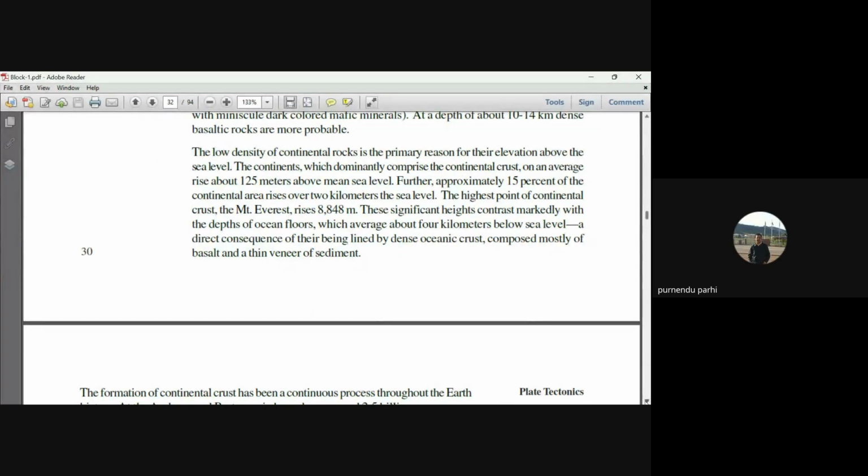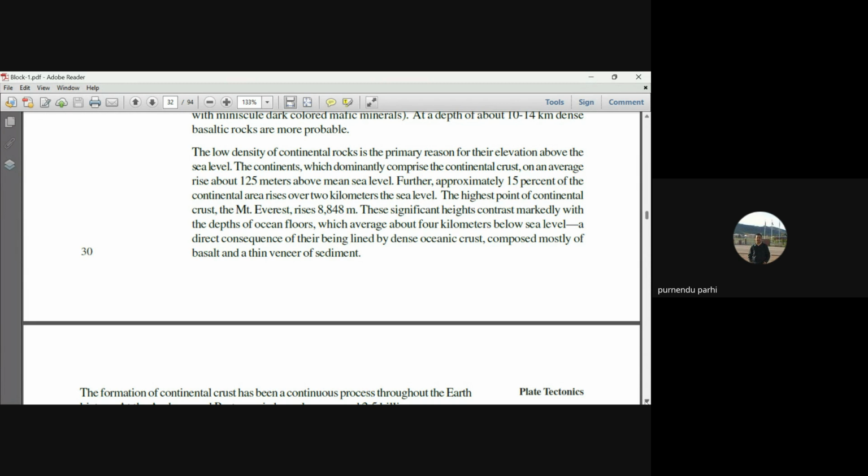The low density of continental rocks is the primary reason for their elevation above the sea level. The continents, which dominantly comprise the continental crust, on an average rise about 125 meters above the mean sea level. Further, approximately 15% of the continental area rises over 2 kilometers above sea level. The highest point of the continental crust, Mount Everest, rises 8,848 meters.